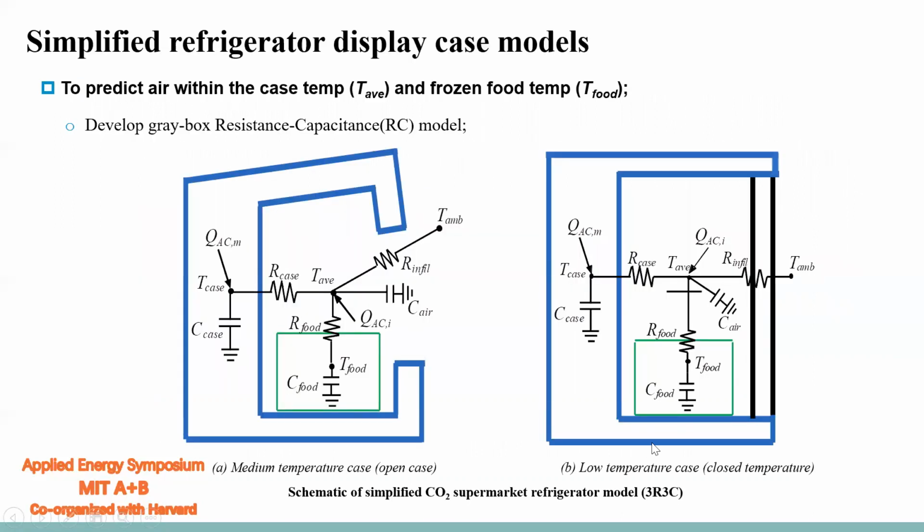Similar to the typical building RC model, we develop an RC model as well for both kinds of display cases. The model can reflect the thermal status and the response of the air in the case, the frozen food, and the display case itself.